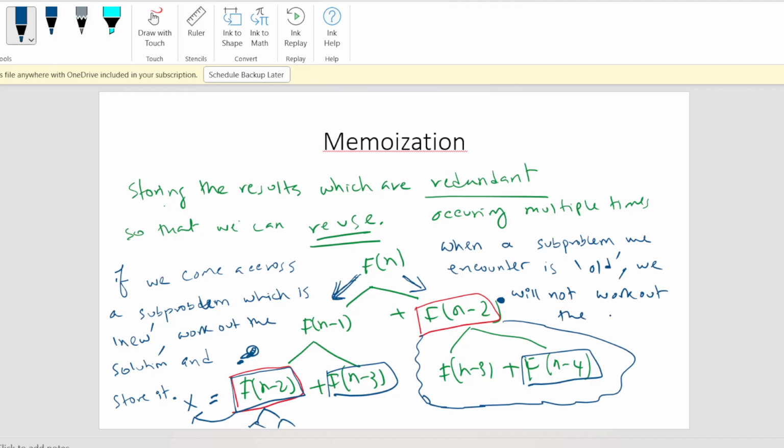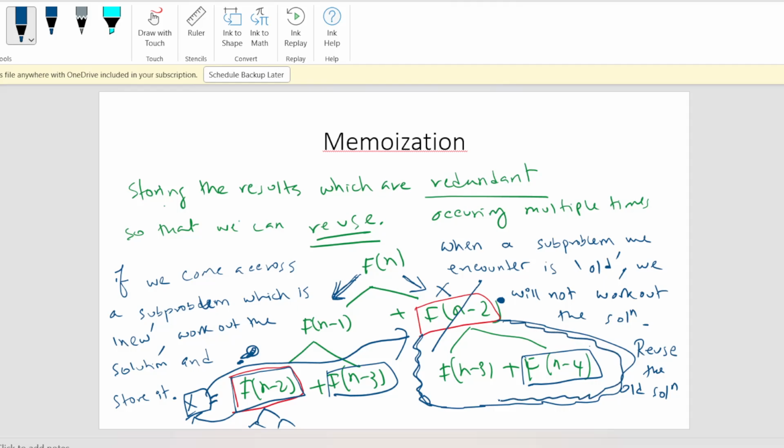work out the solution. তাহলে আমি কি করতে পারি, rather reuse the old solution. তো আমি কি করব, এইখানে যে আমি x নামে ভ্যারিয়েবলে যে উত্তরটা সেভ করে রেখেছিলাম সেটা আমি এখন এখানে ব্যবহার করব। তার মানে হচ্ছে এই জায়গাতে আমি x কে বসাই দিব, রিপ্লেস করে দিব। তাহলে এতে কি হচ্ছে, আমার এই পুরা কাজ কিন্তু আর নতুন করে করতে হচ্ছে না। You see, I am saving a lot of redundant or repetitive work. আমি যে কাজ আগে করে এসেছি আমার সেই কাজ আর নতুন করে করতে হচ্ছে না। তাহলে কি অবশ্যই আমি সময় বাঁচাচ্ছি, ঠিক না?